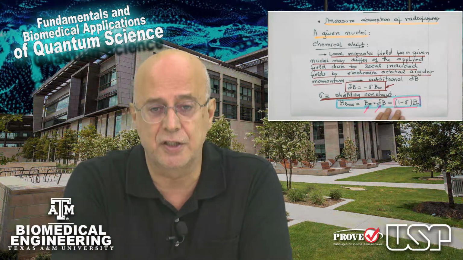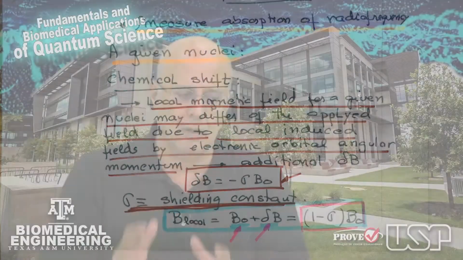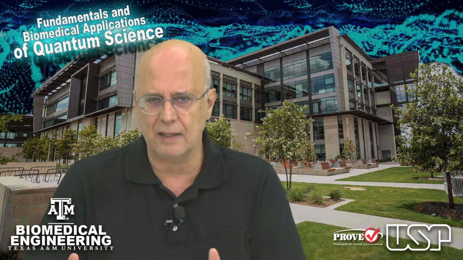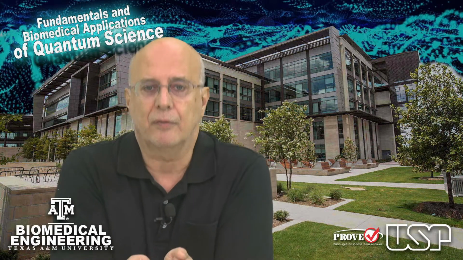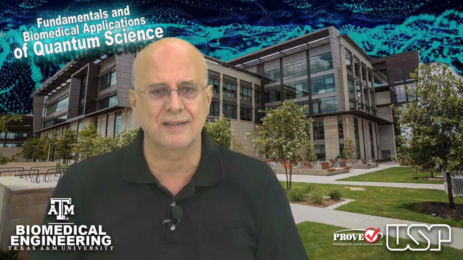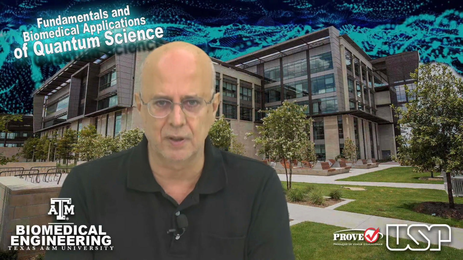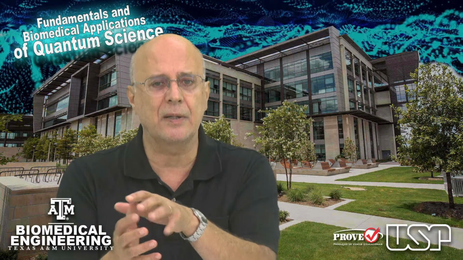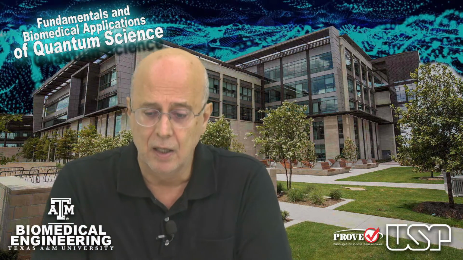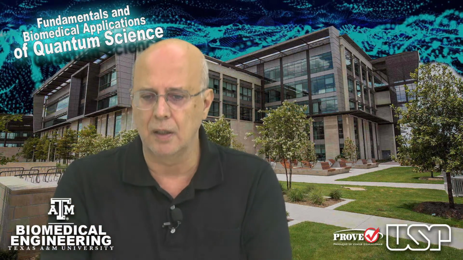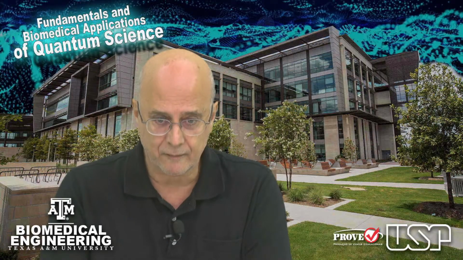And then I have this shielding effect, because normally the electrons respond to a bias field that's applied. There is a coupling between the properties of the electron distribution and the magnetic field that's applied.